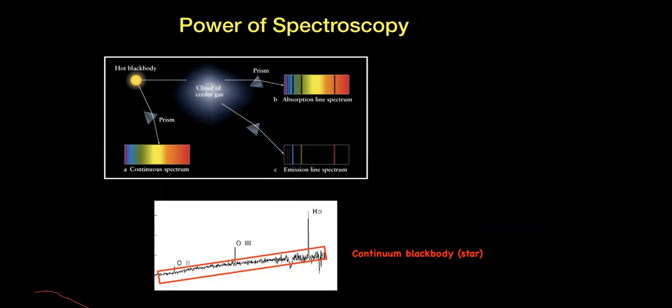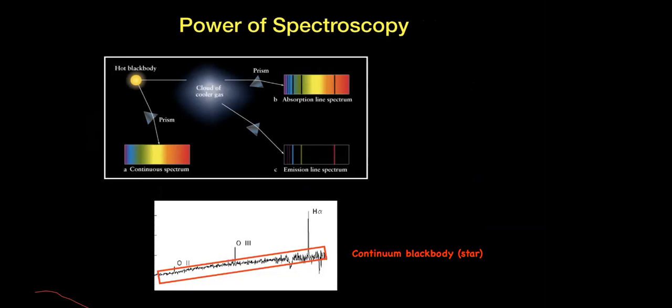And in order to illustrate the power of spectroscopy, let's look at this diagram. If we put a prism in front of some object that emits as a black body, like a star, we get a continuum spectra.